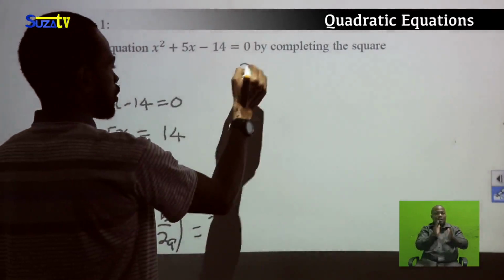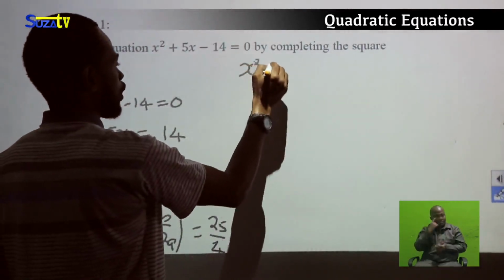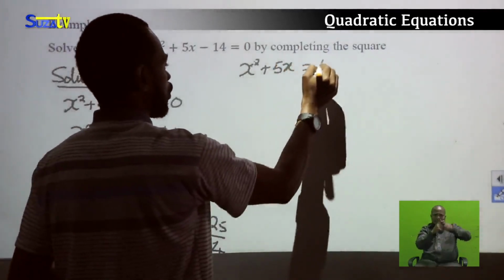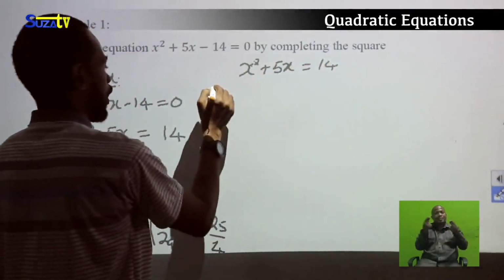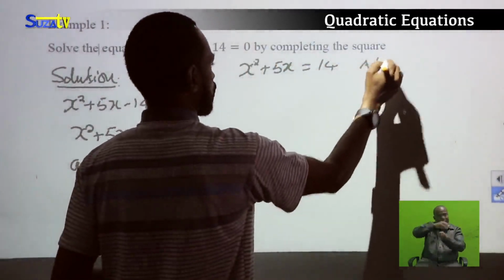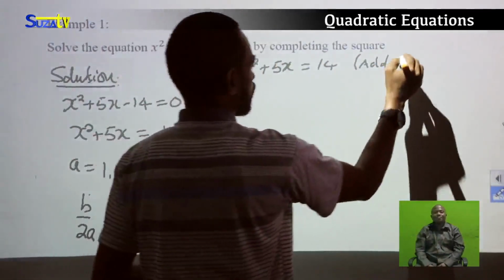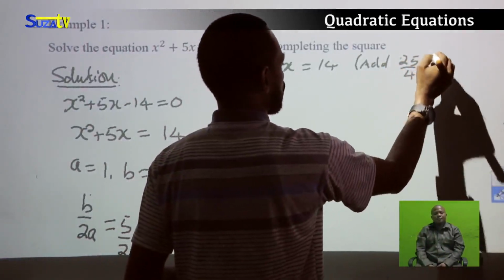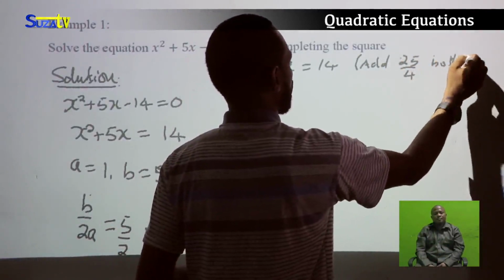This is our equation: x squared plus 5x is equal to 14. So now add 25 over 4 to both sides.